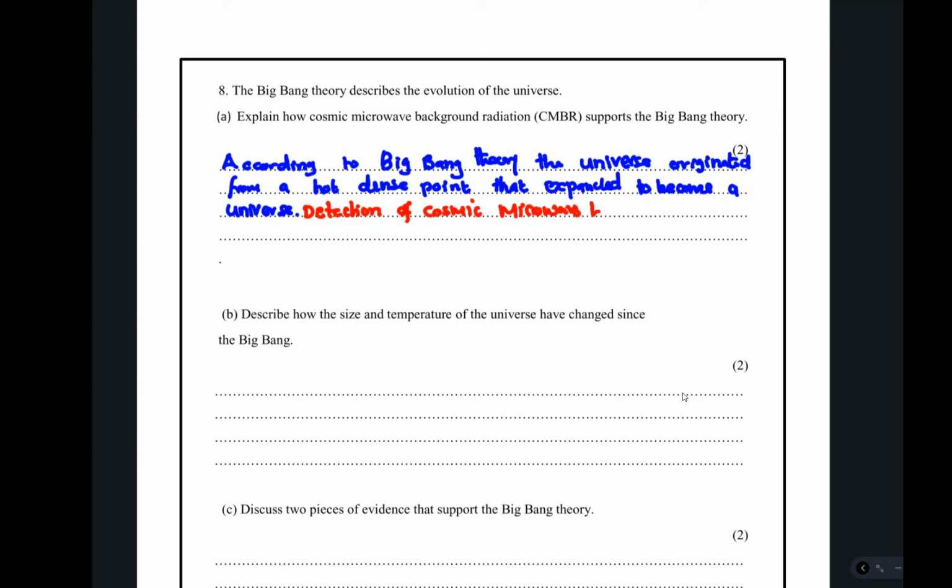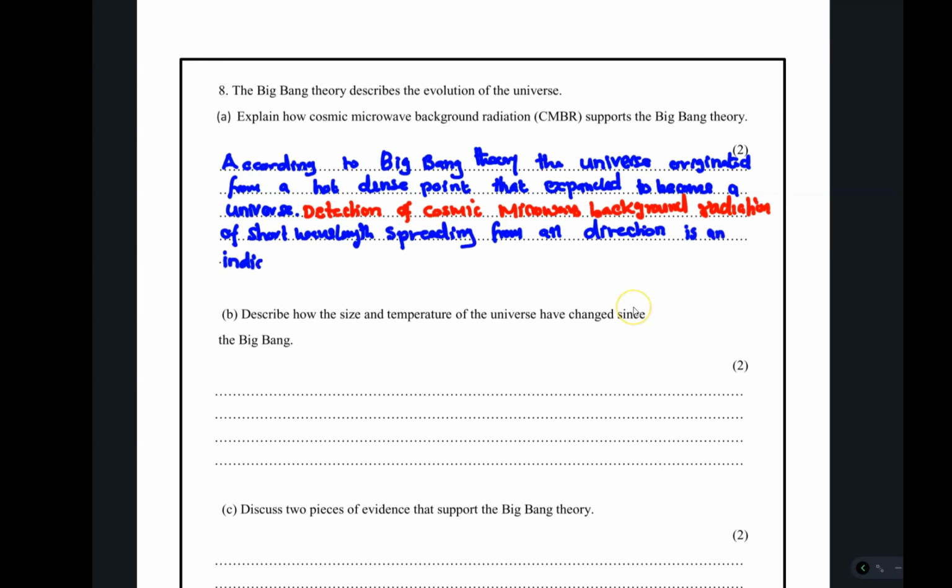Detection of cosmic microwave background radiation of short wavelengths spreading from all directions serves as evidence, by the claim that they might have been created during the Big Bang, during the explosion.